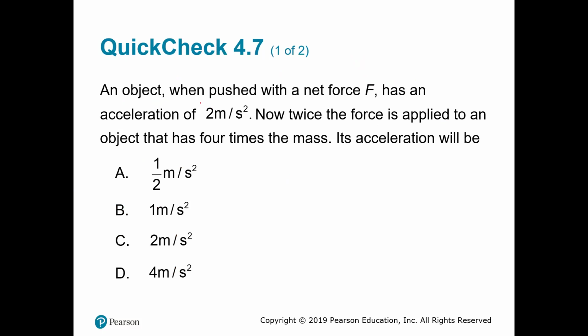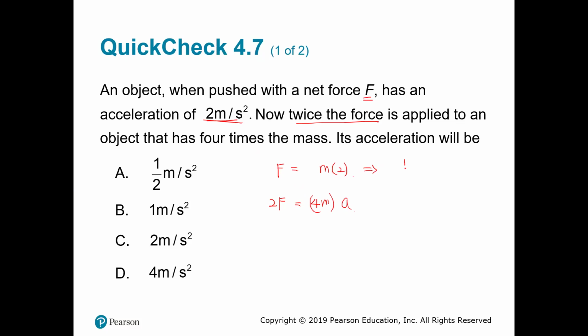And then the next one: an object, when pushed with the net force F, has an acceleration 2. Similar question, right? So you again have F equals m times 2. This is the first condition. Now twice the force is applied to an object that has 4 times the mass, and you're looking for the acceleration.